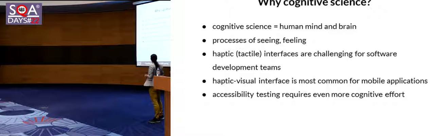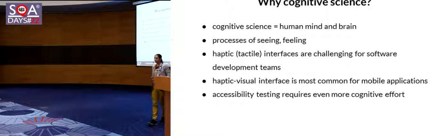So once more about cognitive science itself, it's all about the human brain and mind. This interdisciplinary field is also called the process of the senses.